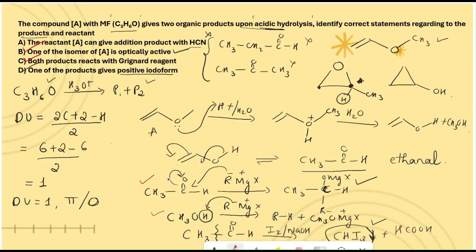So among the given options, B, C and D are correct for the given molecule. What is the reactant here? The reactant is an ether, methyl vinyl ether, and upon hydrolysis it forms acetaldehyde and methanol. Those are the products, and statements B, C and D are correct for the reactant and products.